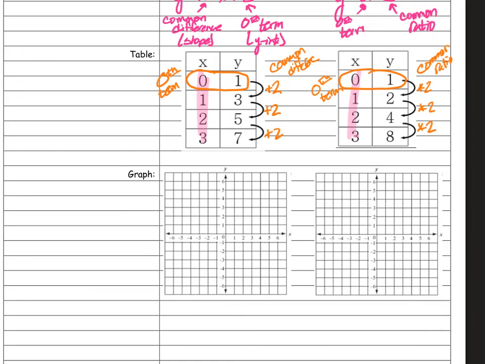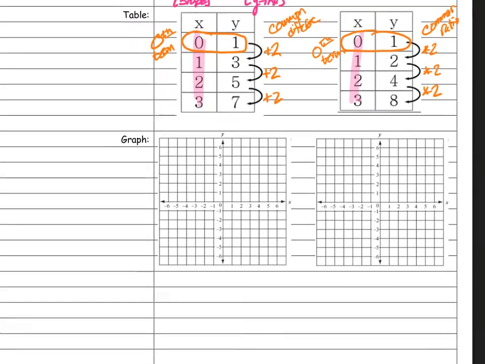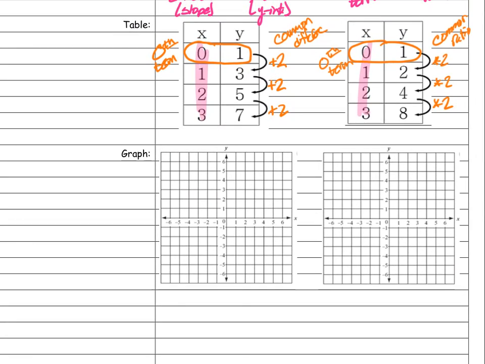And then a graph. Let's see what the difference between a linear and exponential graph is. I'm just going to use the table, plot the points and draw in what the graph looks like. So my first point is 0, 1. And then I've got 1, 3, and 2, 5, and 3, 7. And if I can draw this line here.